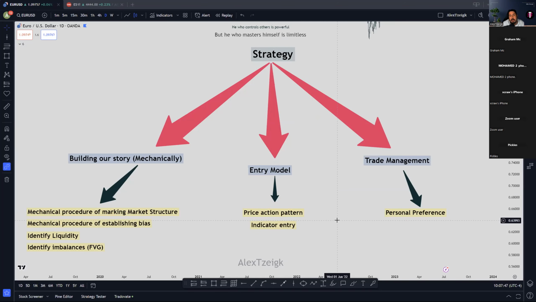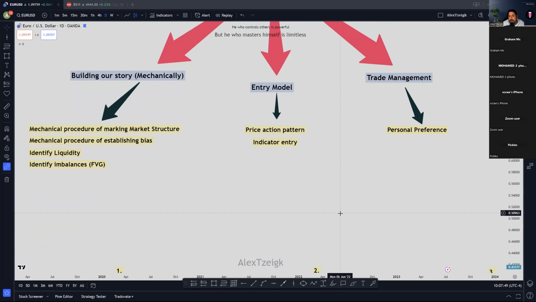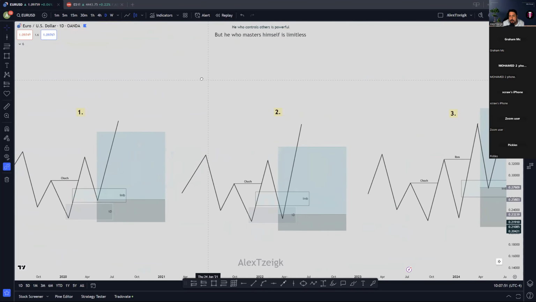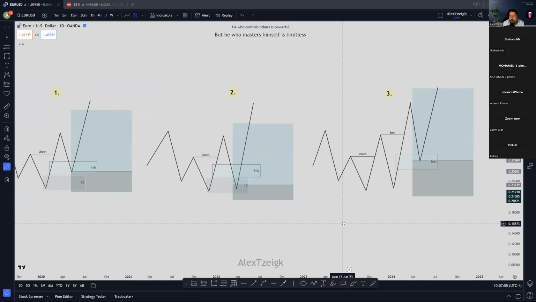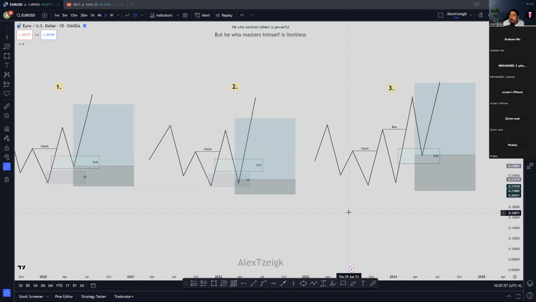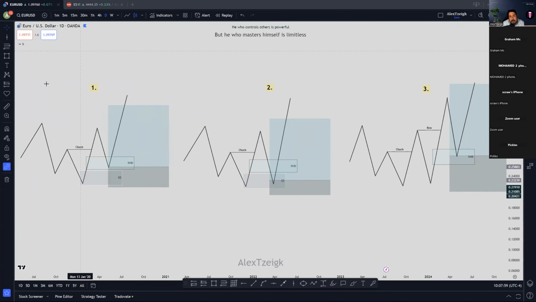Now, I will begin. First of all, you can see I have made 3 drawings over here, where in my first drawing, I forgot to say, sorry, that of course, all these entry models, all these price action models can be used in any time frame you want, my friends.